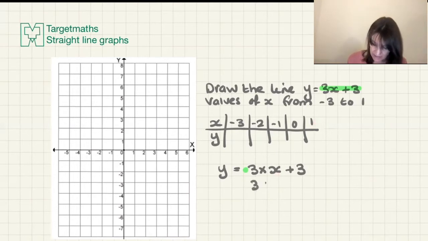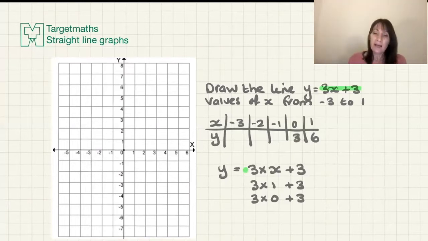So 3 times 1 plus 3. 3 times 1 is 3 plus 3 is 6. Then I'm going to put the 0 in. 3 times 0 is 0 plus 3 is 3. 3 times -1 is -3. -3 plus 3 is 0.